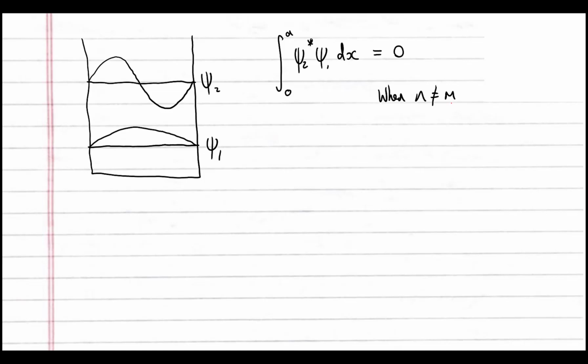We can straight away observe that this integral is correct. It is equal to 0. If we draw a line down here splitting the two, then when we multiply these together, we've got a plus value up here in this segment and a minus value in here that's equal and opposite to that.